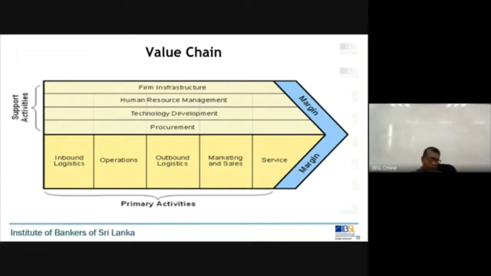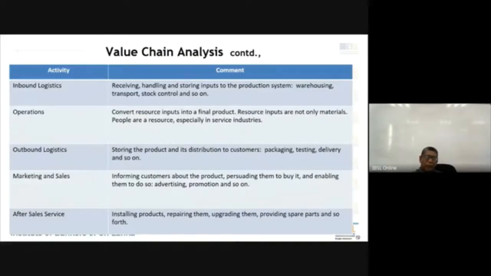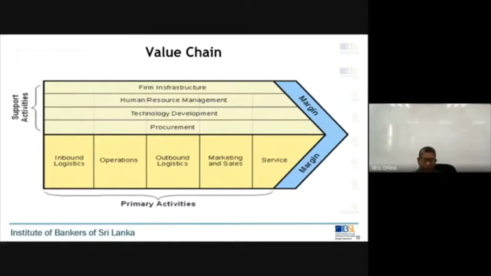Any organization has five types of activities. What are these? Right, five types of activities here.